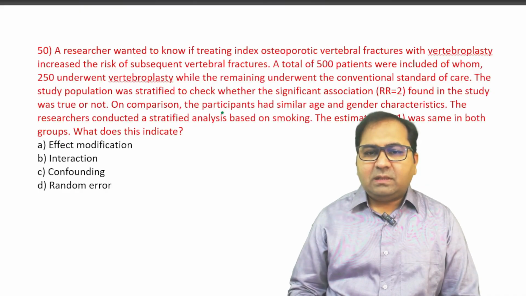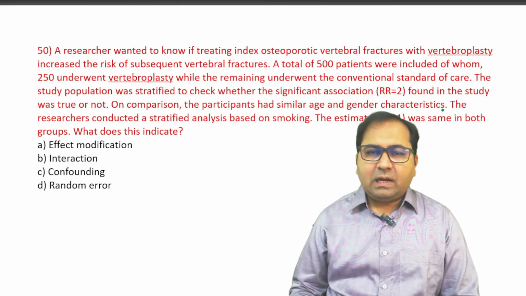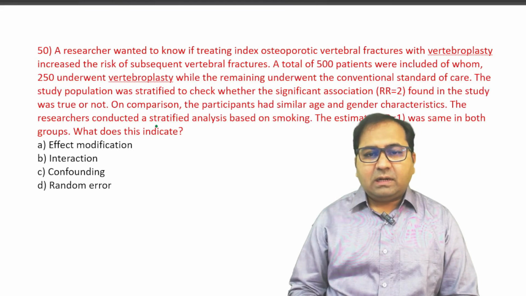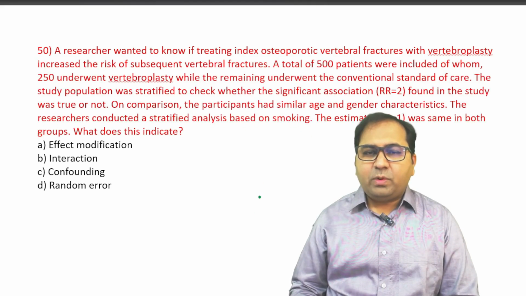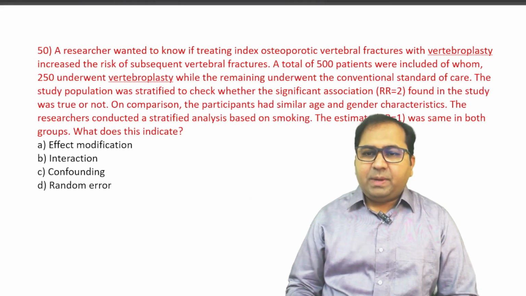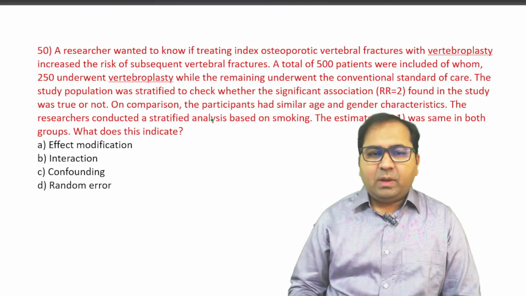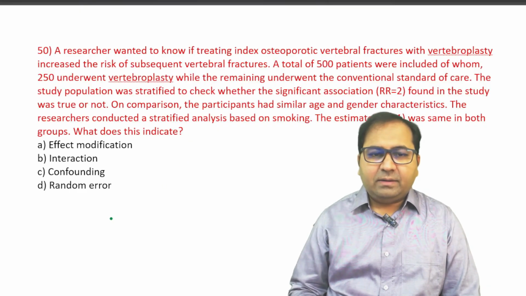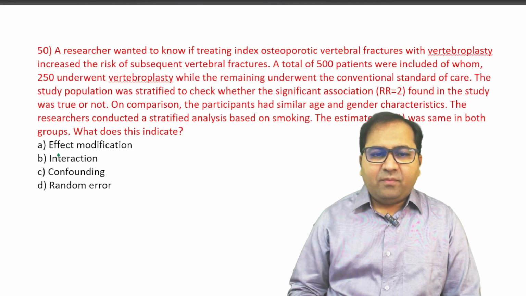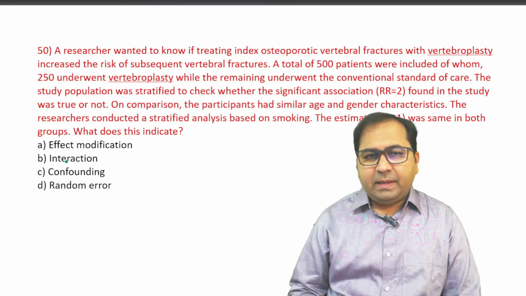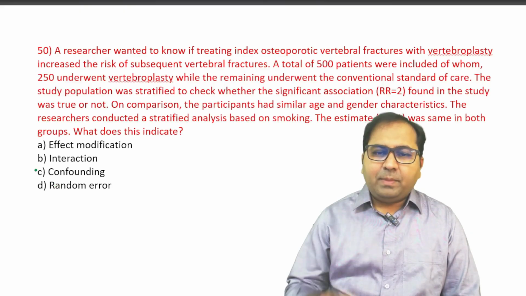On comparison, the participants had similar age and gender characteristics. The researchers conducted a stratified analysis based on smoking. The estimate was the same in both the groups. What does this indicate? The options are A, effect modification, B, interaction, C, confounding, or D, random error.